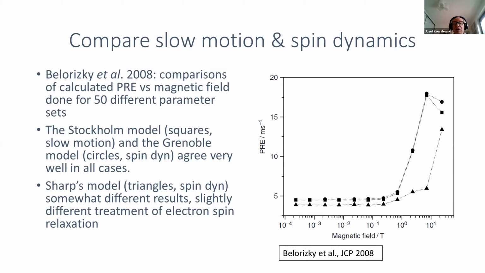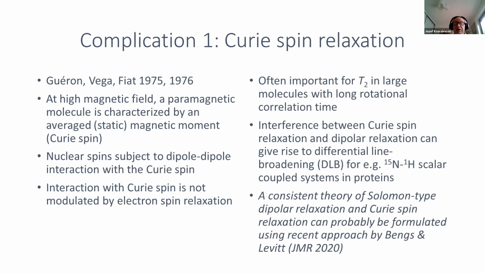And lo and behold, the model developed in Grenoble by Belorizky and Fries, and our calculations, the Stockholm model, were exactly on top of each other for all 50 different parameter sets. The third model, which was included in the comparison, was a little bit different, and we understand why it is so. Sharp's treatment of the electron spin relaxation is a little bit different. So this gives us a nice theory, but there are still complications.